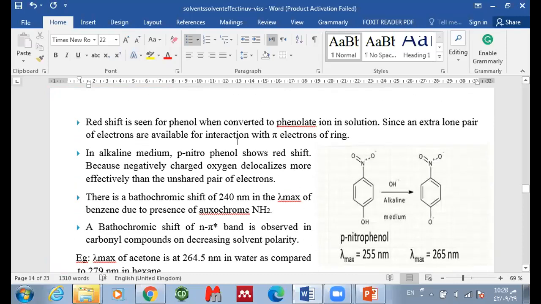So red shift is seen for phenol because it will form phenolate ion in solution.